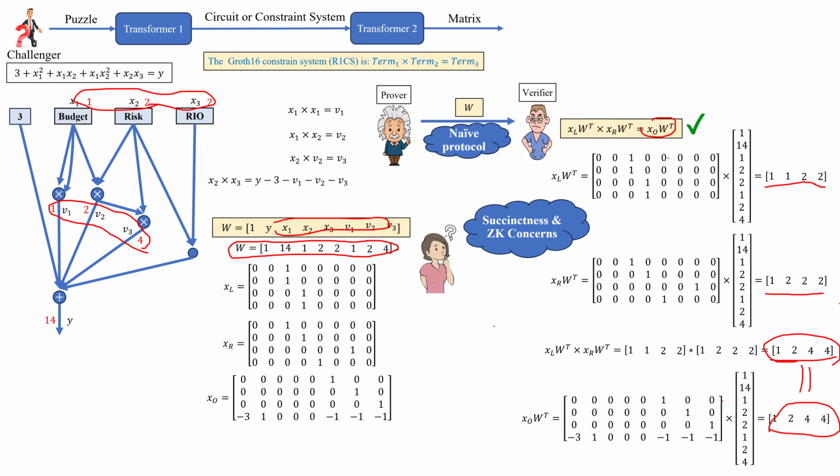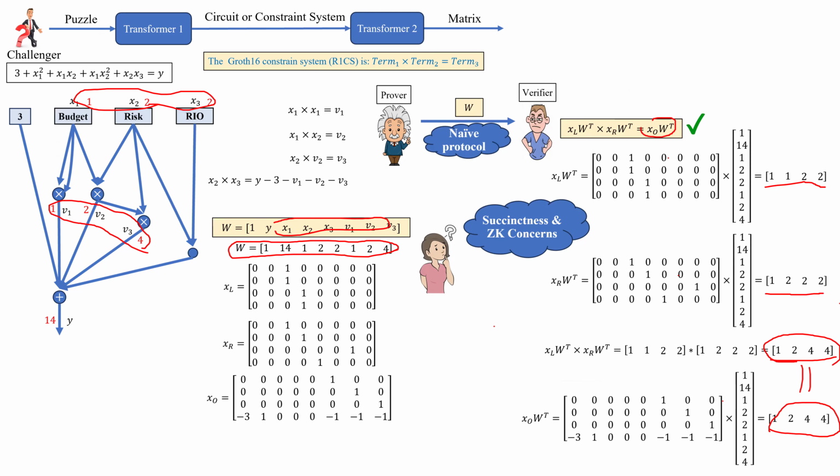For practical scenarios, we have so big circuits. So then we will have so big a matrix, and the verifier needs to do the multiplication for so big a matrix. And then this multiplication is expensive. It is not succinct, right?